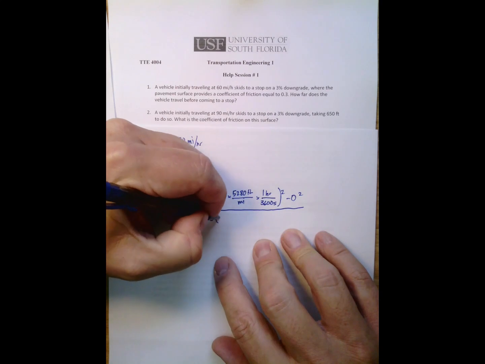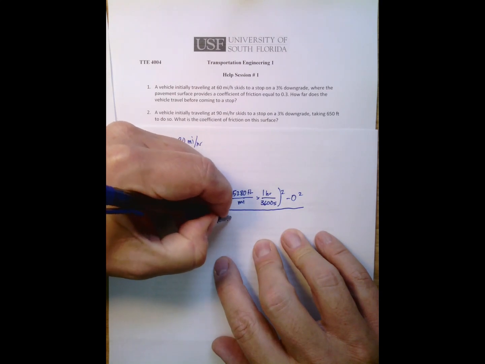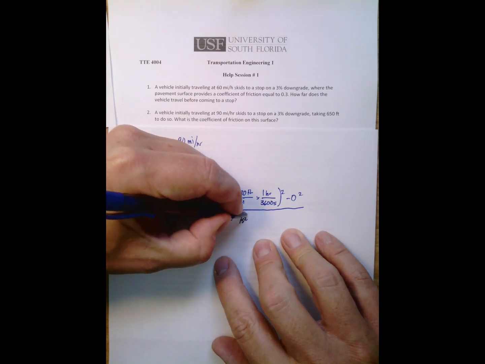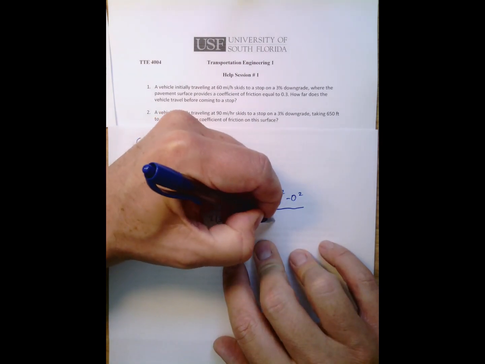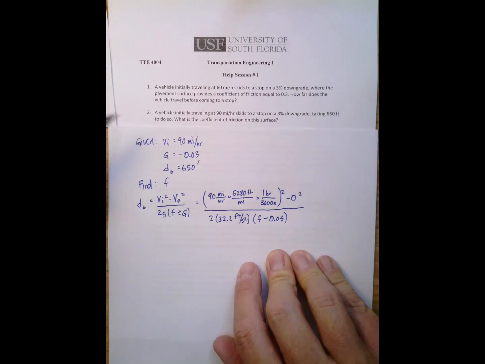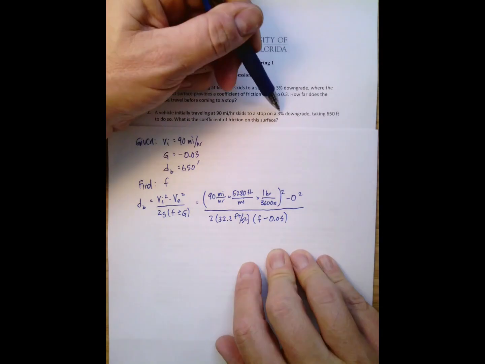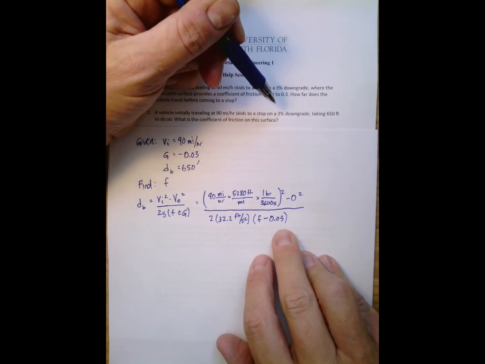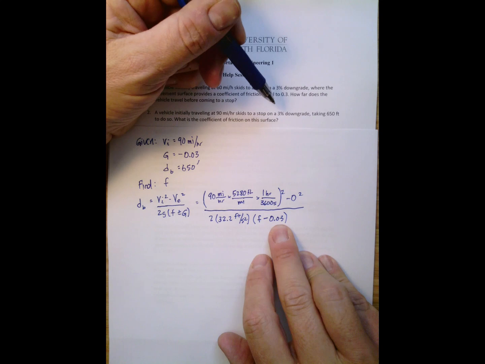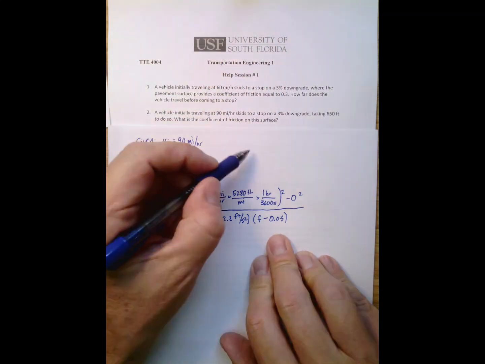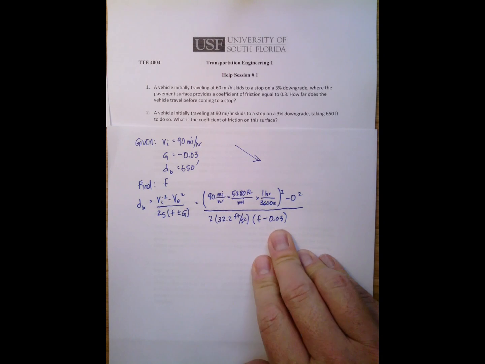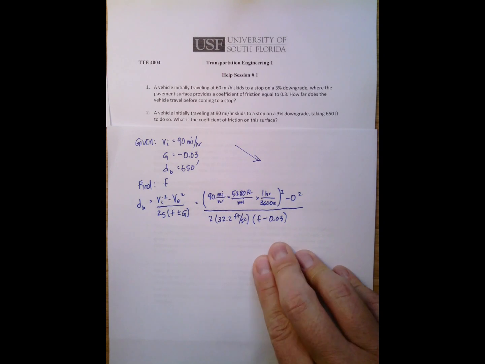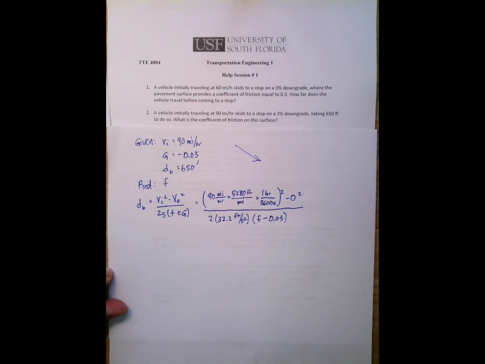And in the denominator we have 2 times 32.2 feet per second squared times lowercase f minus 0.03. So 3% downgrade, 3 divided by 100 is 0.03, and it's a downgrade, so it's a minus in this case. So we can solve this equation for lowercase f.